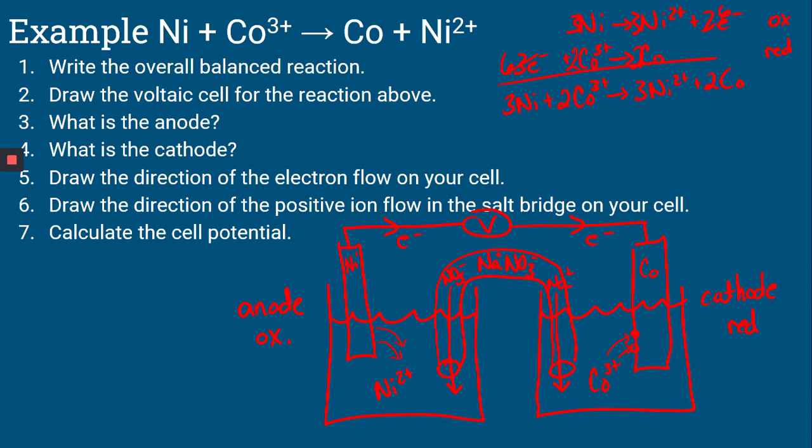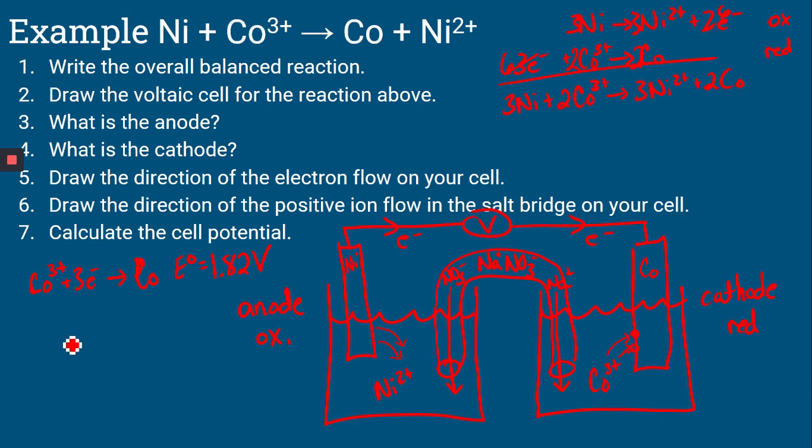And then finally, calculate your cell potential. So we're going to use page 23. Now, unfortunately, page 23 does not have the cell potential for cobalt. So that would have to be given to you. And I'm going to tell you that that potential is 1.82 volts.